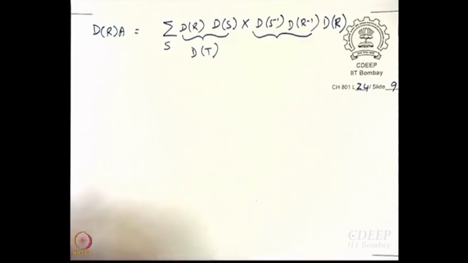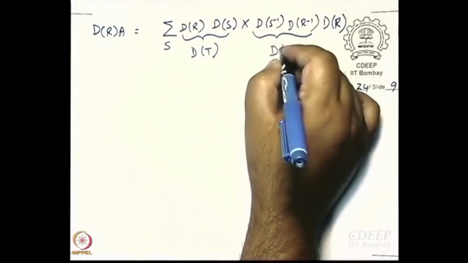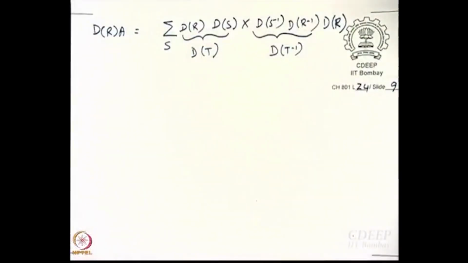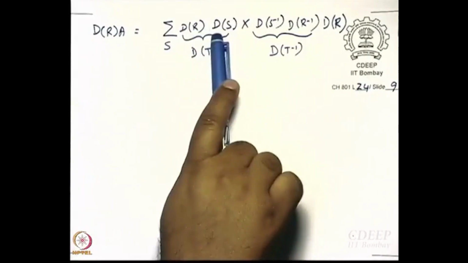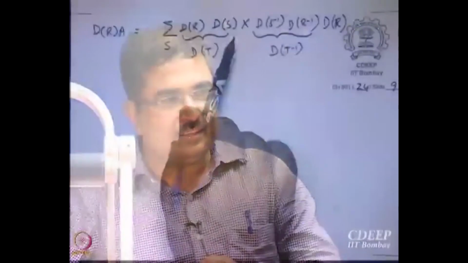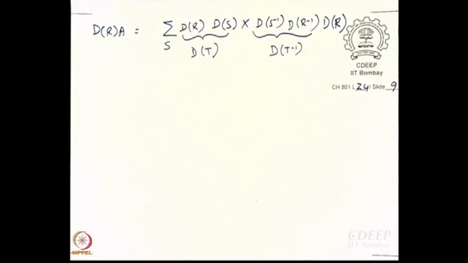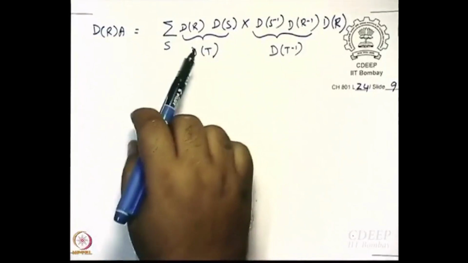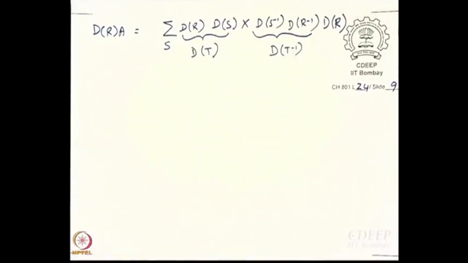Will you allow me to write this as dt inverse? Just multiply together and see for yourself. Dr ds, ds inverse, dr inverse. Is that not E? Forget this x, think that this x is multiplication. Dr ds, ds inverse, dr inverse.